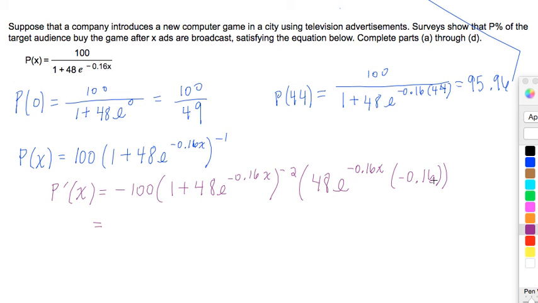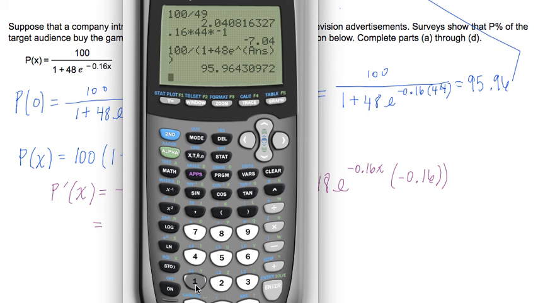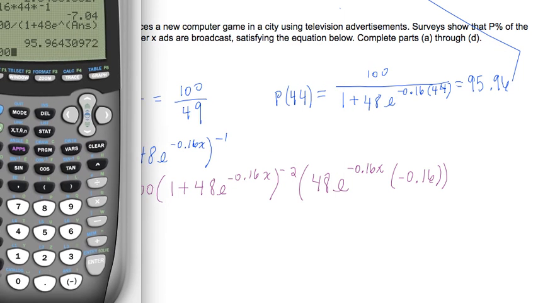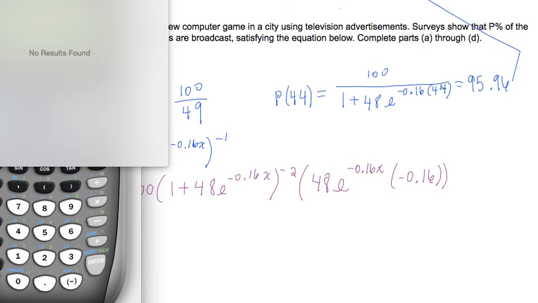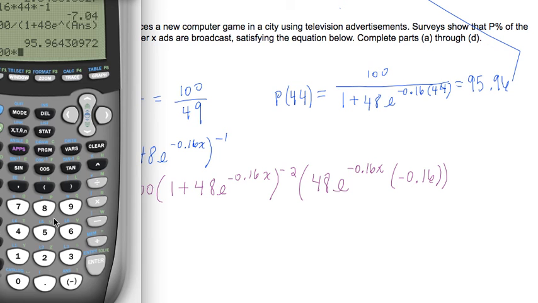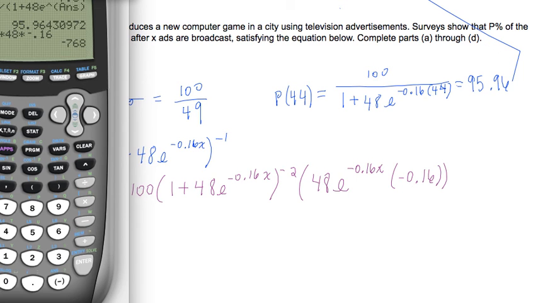This negative and this negative multiply to become positive. 100 times 48 times 0.16 is 768.